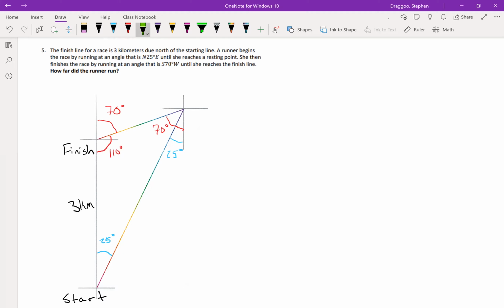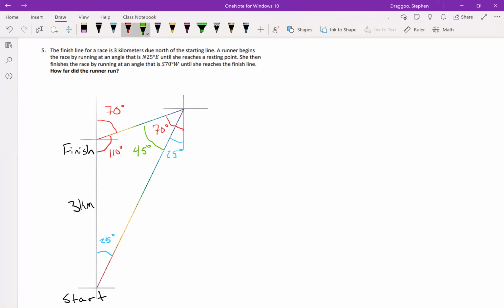So the difference between 70 degrees and 25 degrees. So this interior angle marked in green should come out to 45 degrees. And you could also check again and find that 25 plus 45 plus 110 will be equal to 180. So it'll satisfy that as well.